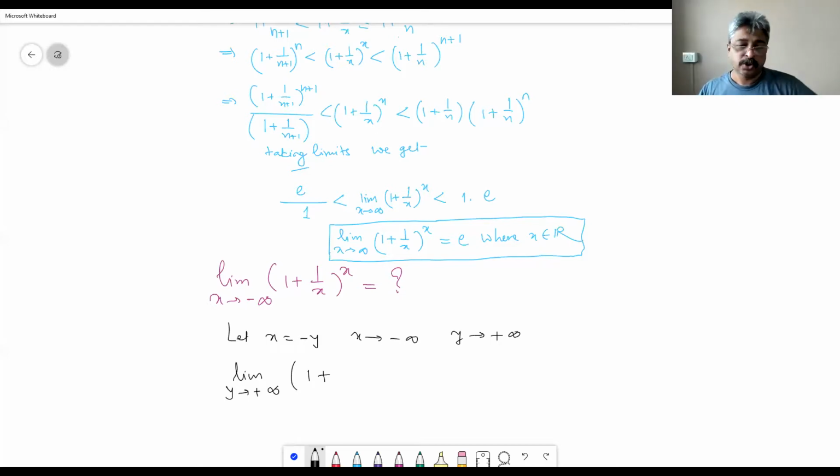Okay. So change the variable. x is equal to opposite of y. We get x tending to minus infinity, y tending to plus infinity. So limit y tending to plus infinity, 1 plus 1 upon opposite of y, that is 1 minus actually 1 upon y raised to minus y.